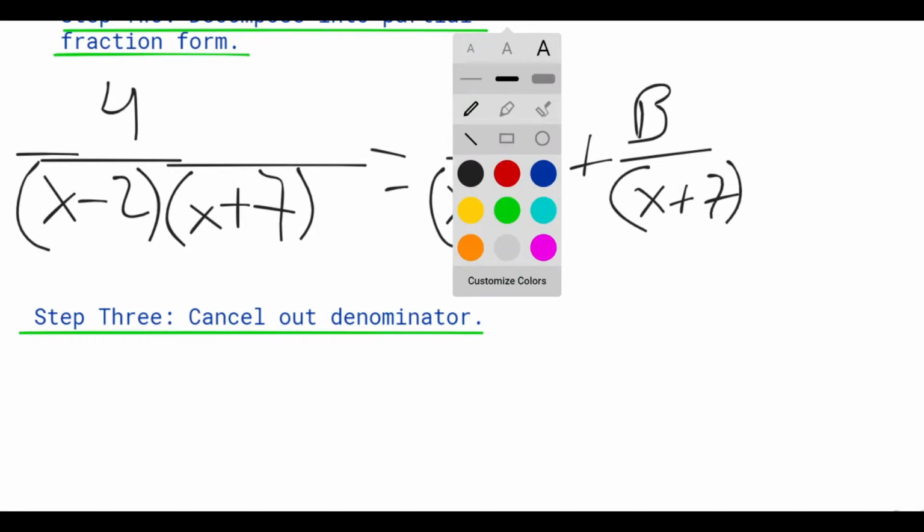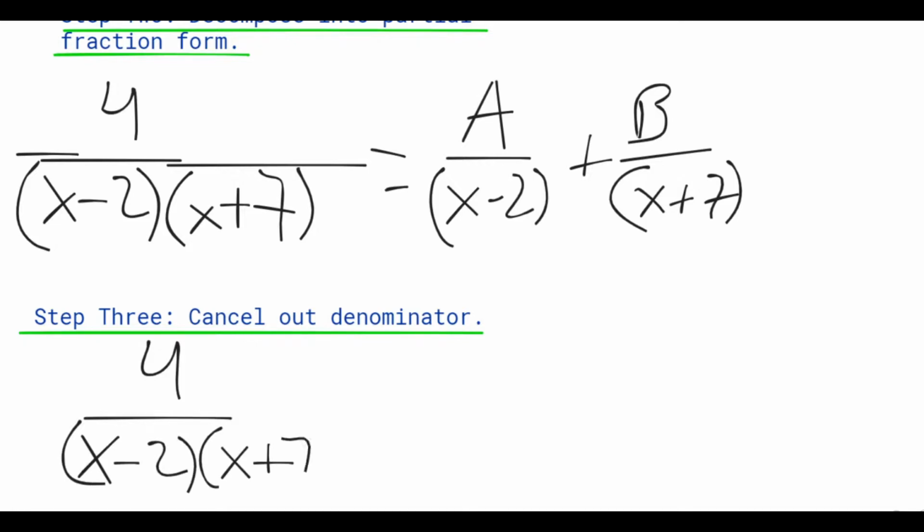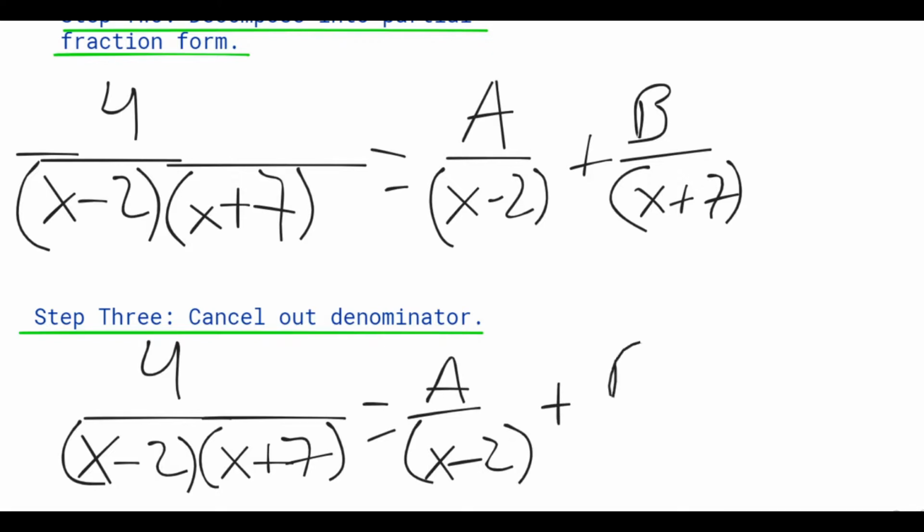So basically right here we have 4 divided by (x minus 2)(x plus 7) is equal to a divided by x minus 2 plus b over x plus 7.